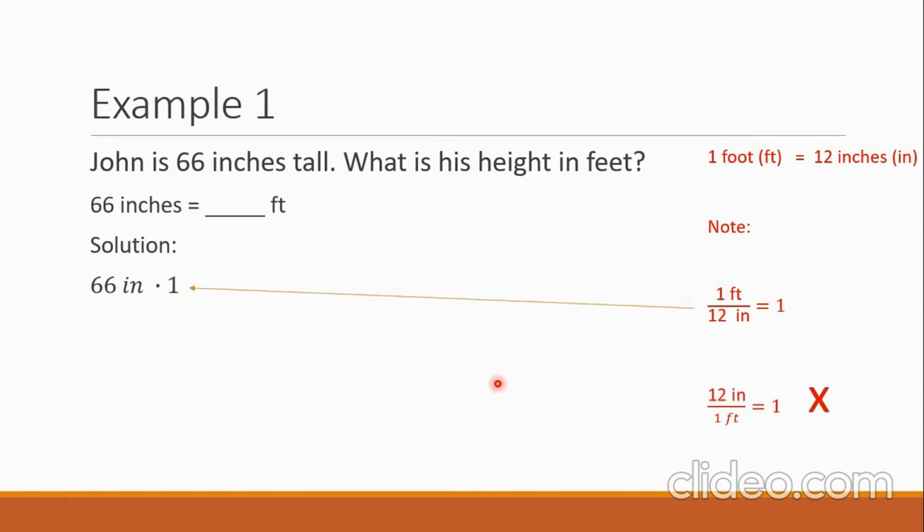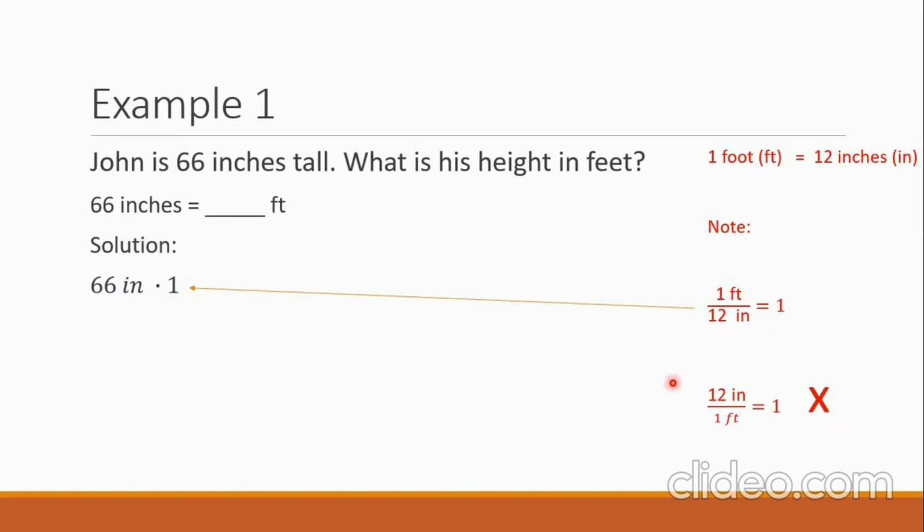In this problem, we're going to use the first formula, the 1 foot over 12 inches. For the very reason that since we want to delete the inches here, we want to put the inches unit in the denominator so that if we multiply here, later we can cancel the inches.